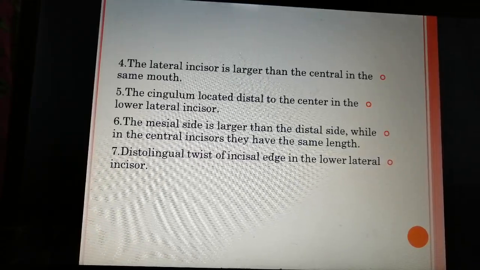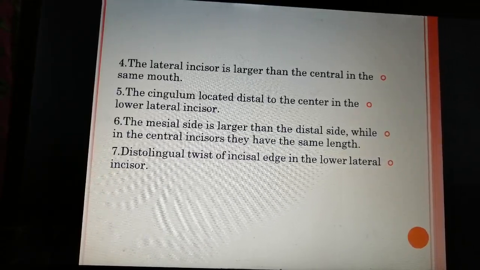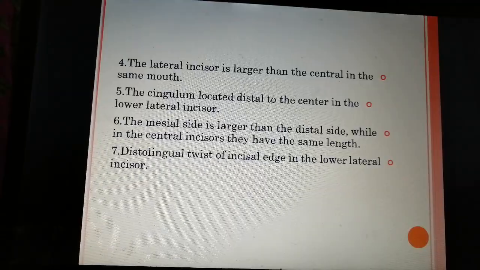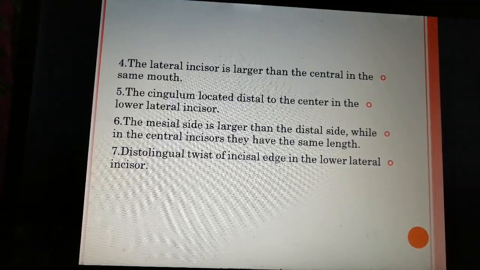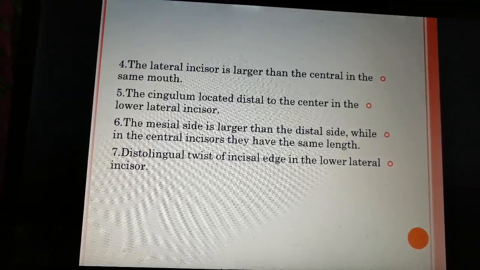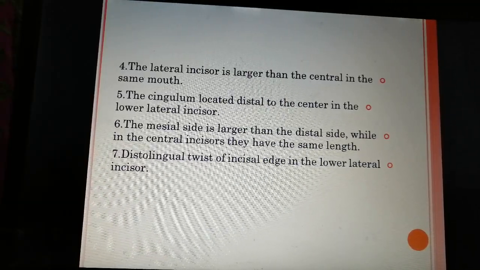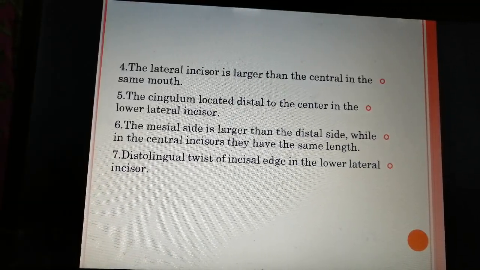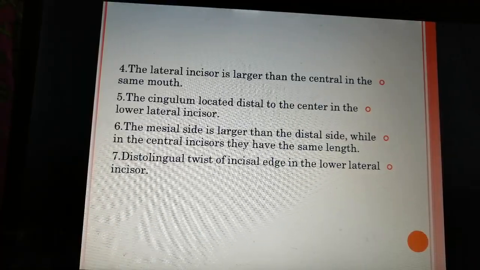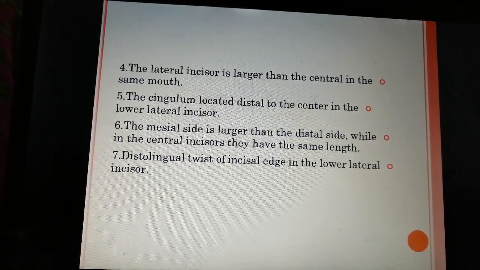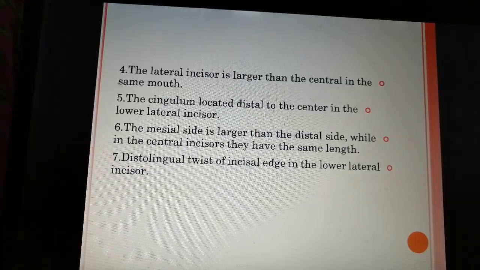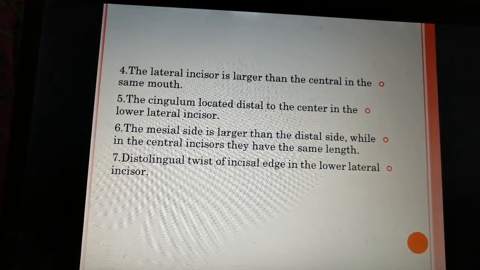The cingulum is located distal to the center in the lower lateral incisor. The mesial side is larger than the distal side, while in the central incisors they have the same length. Distolingual twist of the incisal edge in the lower lateral incisor.